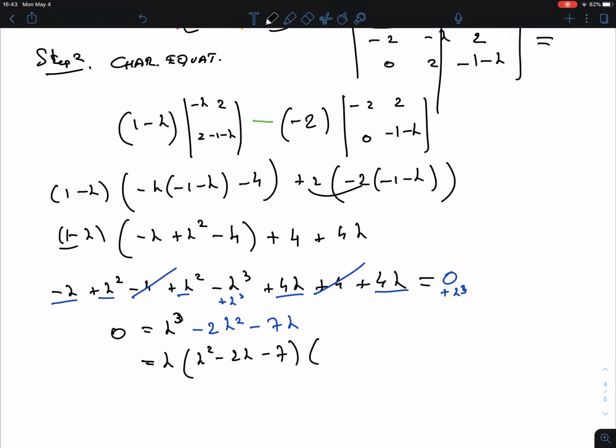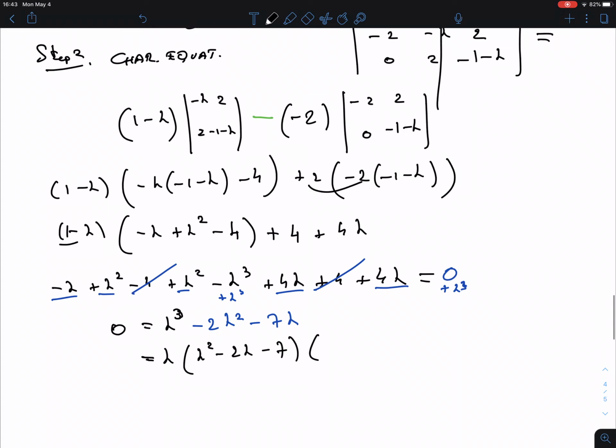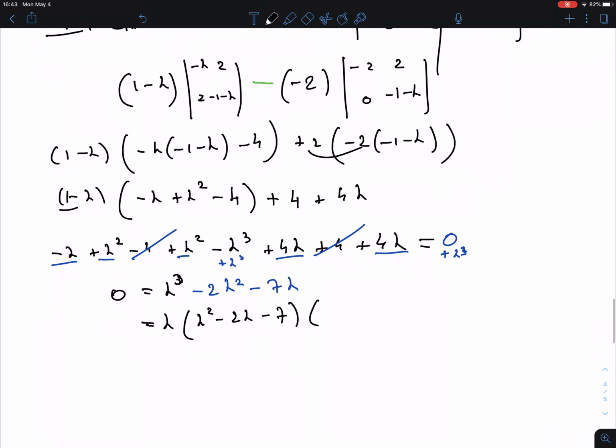Then I had to expand this thing, that is minus lambda plus lambda square minus 4, this is plus 2 lambda, so plus 4 lambda. Okay, and then I get minus lambda plus lambda square minus 4 plus lambda square minus lambda cube plus 4 lambda.